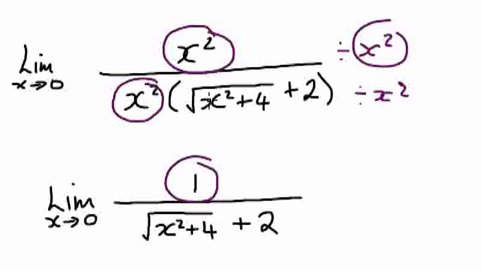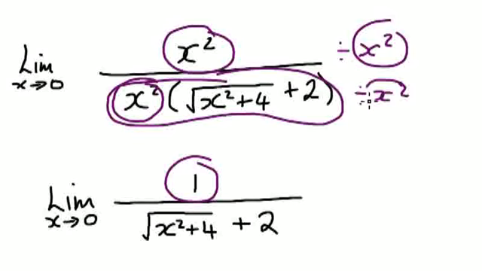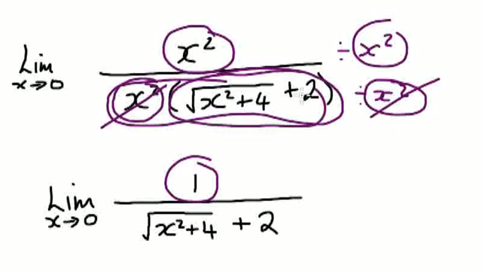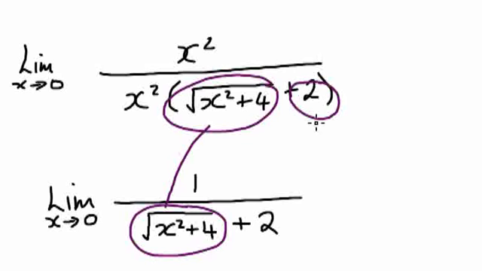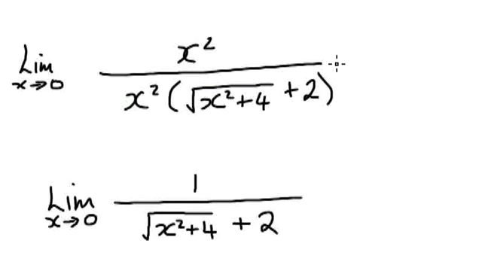The whole thing here divided by this thing, because these two are the same, they kill off each other, leaving you just what's in the bubble, with the 2 being this 2 here. So what we've done is divide top and bottom by x squared.